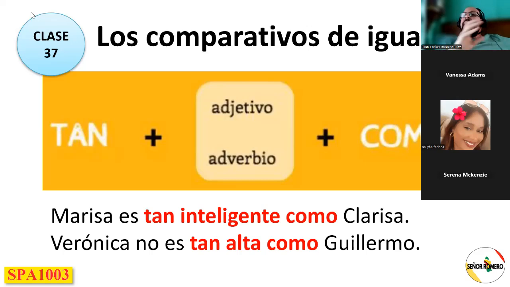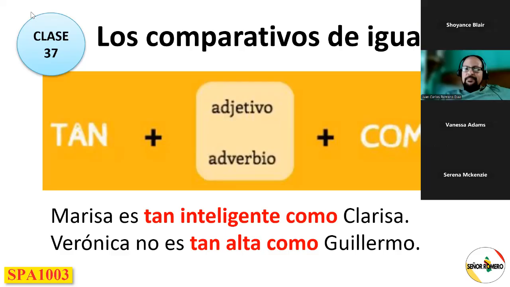Common sense. So, how would you say in Spanish, Pedro is as tall as Juan? Who can tell me? It's like the same thing. Pedro es tan alto como Juan.